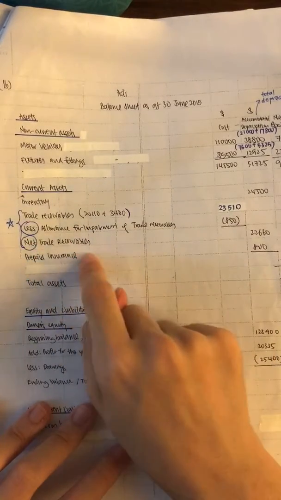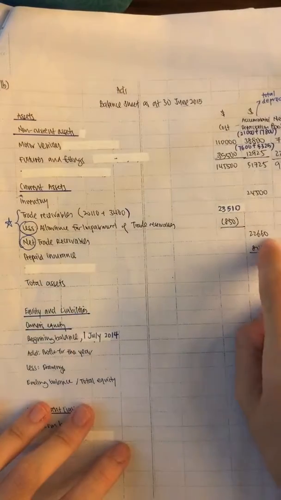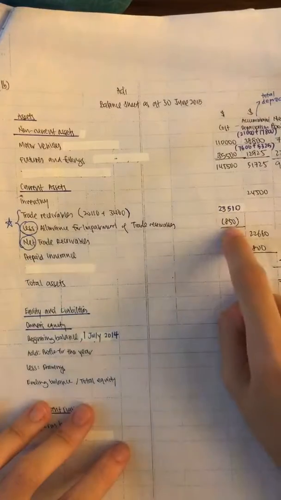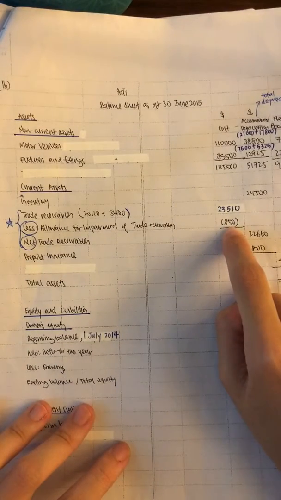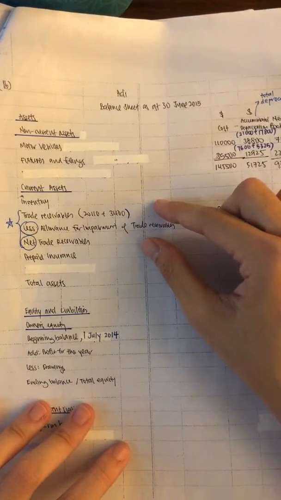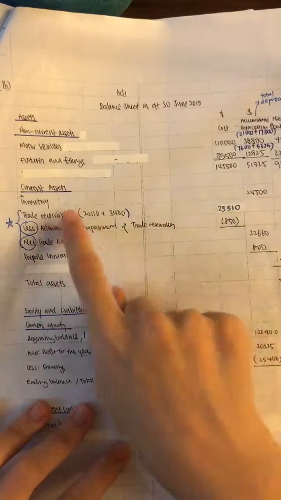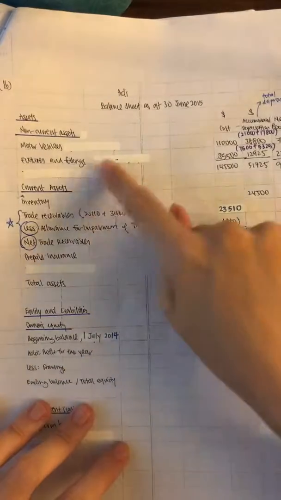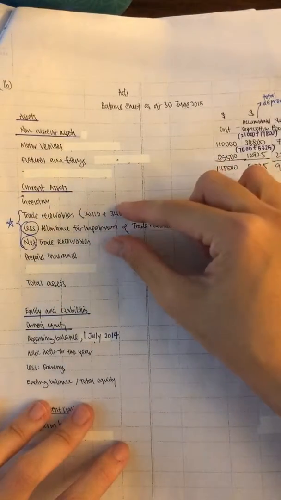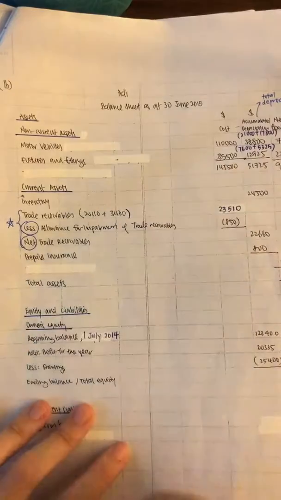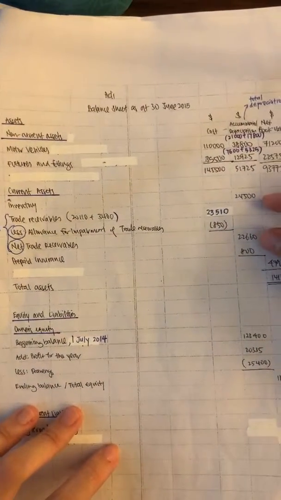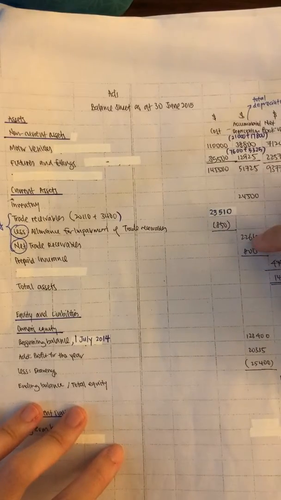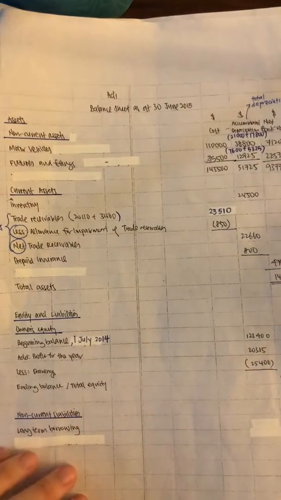I need to see the words net trade receivables, and remember to write the words less allowance, with a bracket. So these 3 rows must come together under my current assets. I cannot see them separate and jumbled out. It must come together as one section: trade receivables, less allowance, net trade receivables.